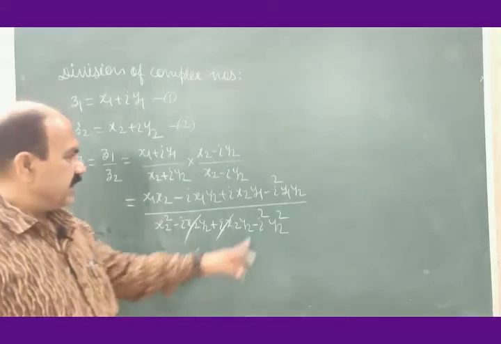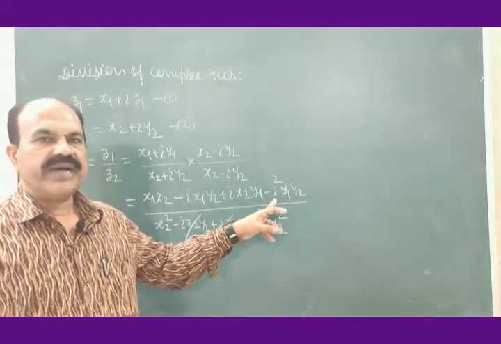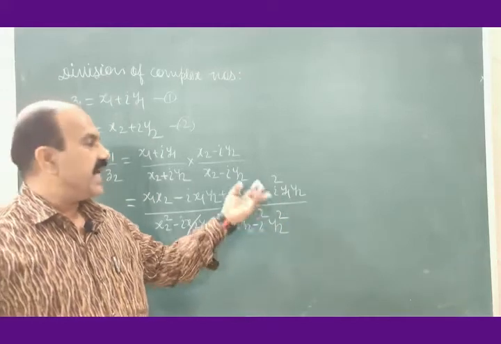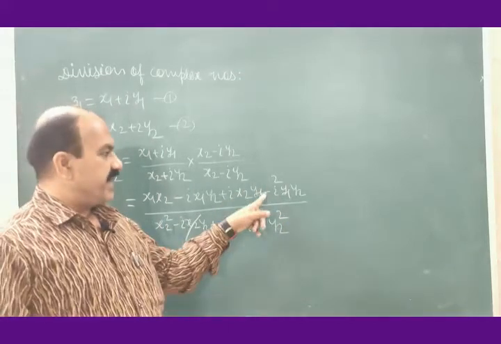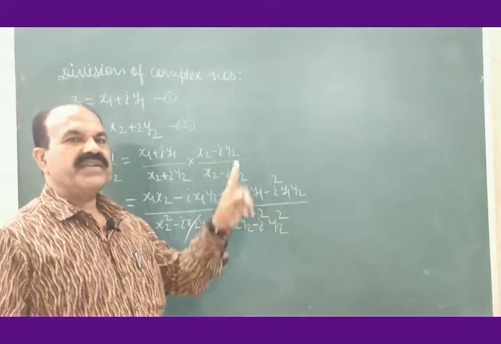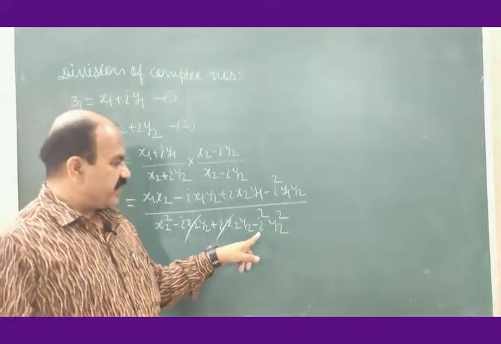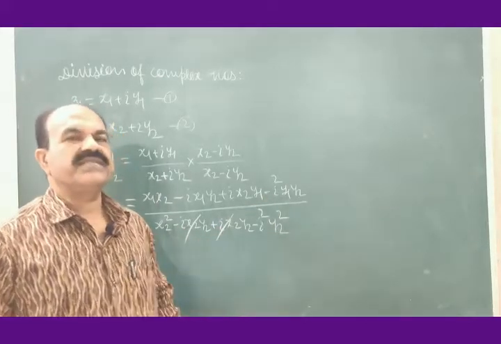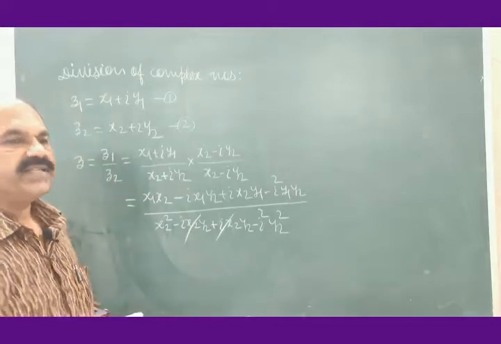Then we know the value of i is square root of minus 1, so i square is minus 1, and minus i square is always plus. So this minus i square is simply to be taken as plus.